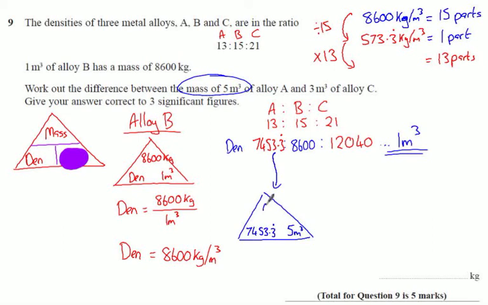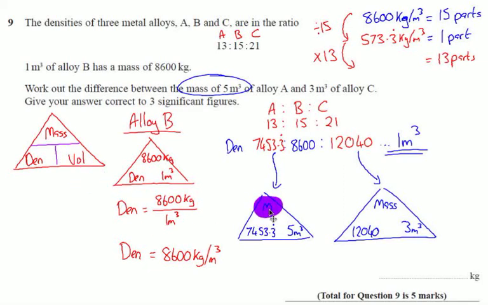I want the mass. And for this, I've got the density, 12,040. I've got the volume of 3 meters cubed. I want the mass.